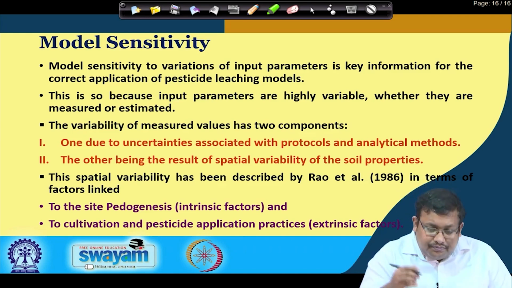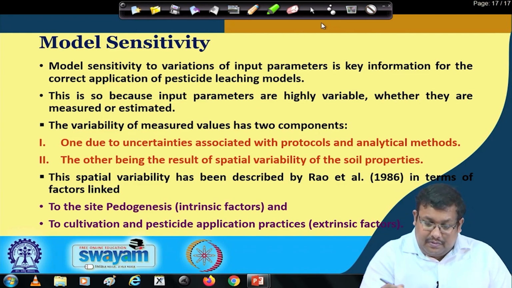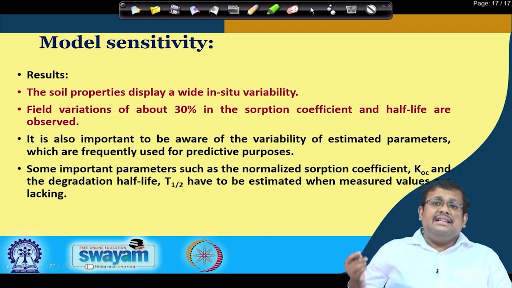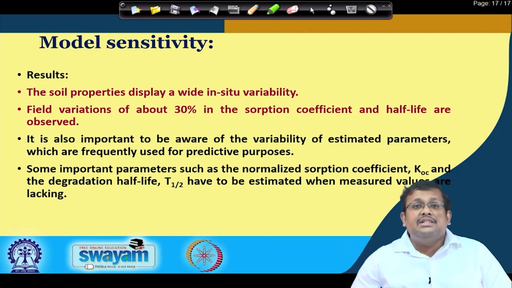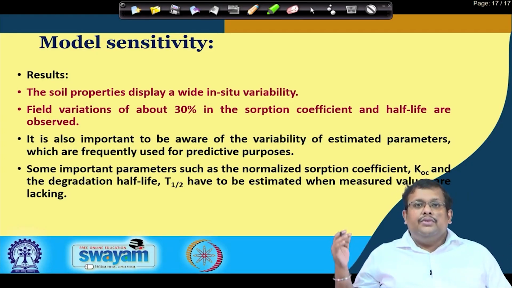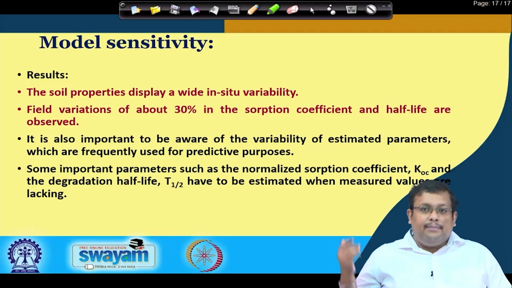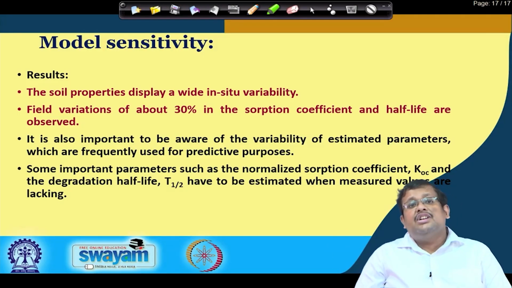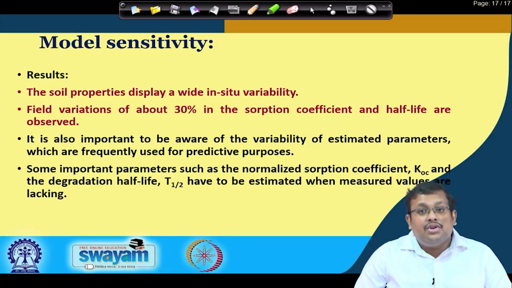As a result, the soil properties display wide in situ variability. Obviously, we have already told you that soil structure and soil porosity show a wide range of variability, and field variation of about 30% in the sorption coefficients and half life is also observed.